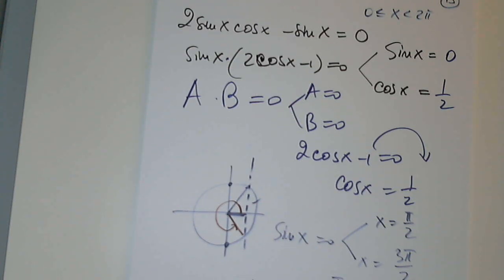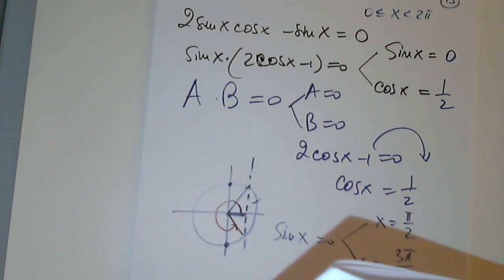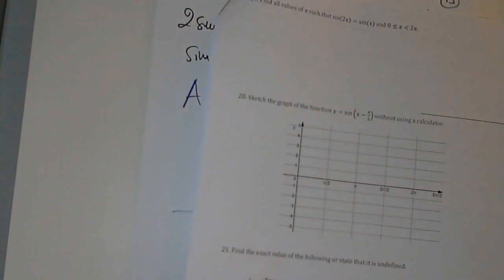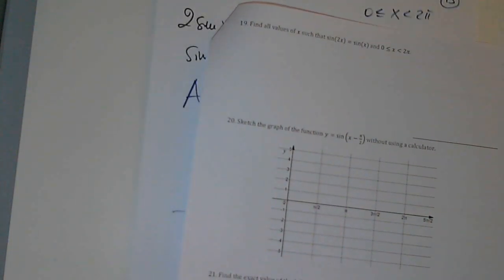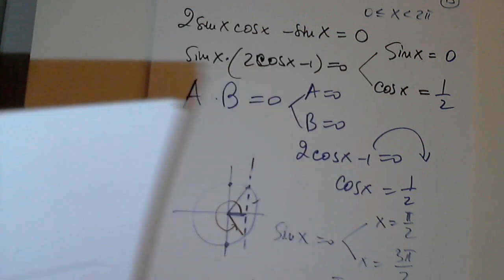Very good. Okay, what else is here? I know we have 5 minutes. Let's try and finish this. I know we have to sketch this graph, and let's do this first, and then we'll sketch the graph.